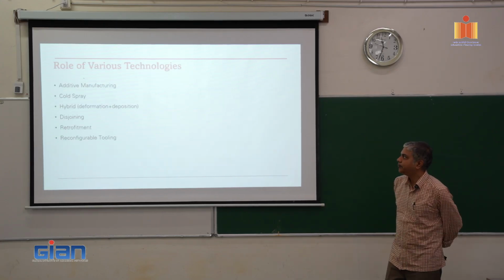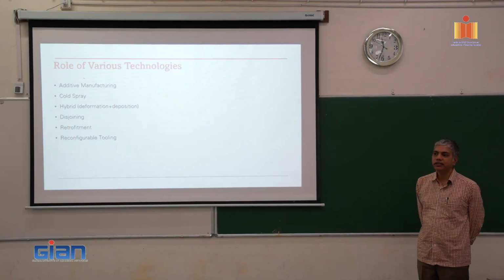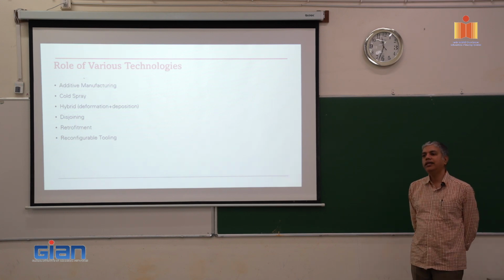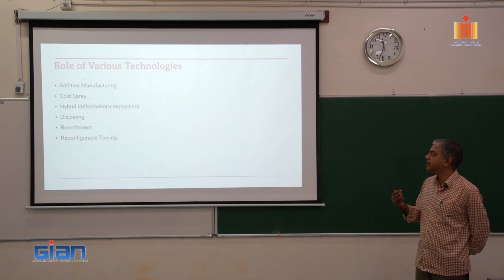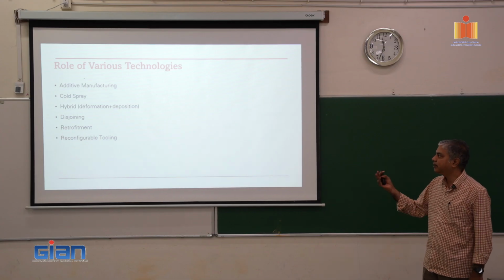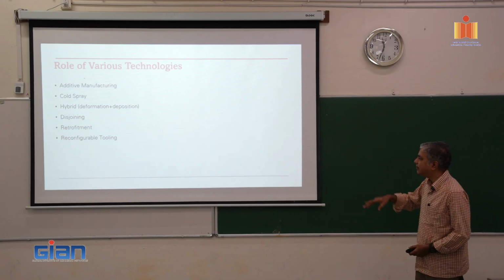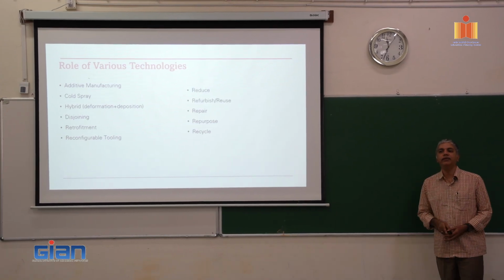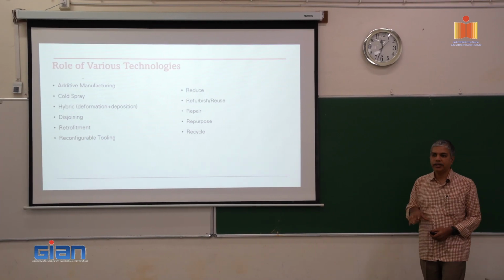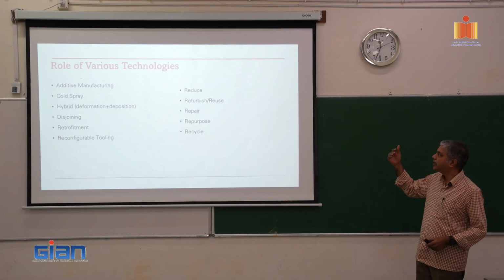Usually there are various technologies you can think of which are commonly used in the context of remanufacturing: additive manufacturing, cold spray, hybrid technologies. But I will not go into this format. Rather, what is of interest for us is our circular manufacturing context.